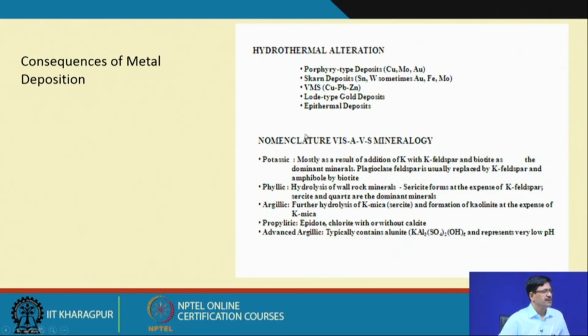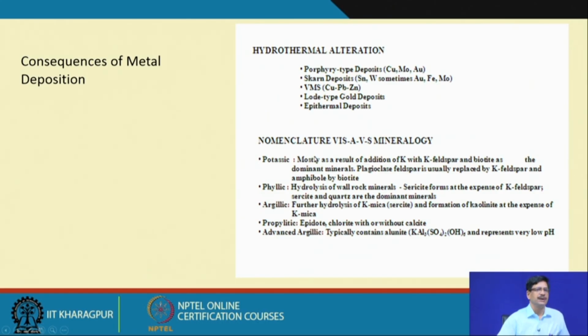So, potassic alteration is one which takes place when the pH of the fluid is rather high and it is in the potash feldspar stability field, temperature is high and it is the original magmatic fluid at high temperature.